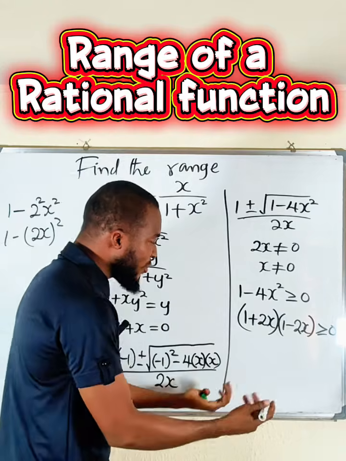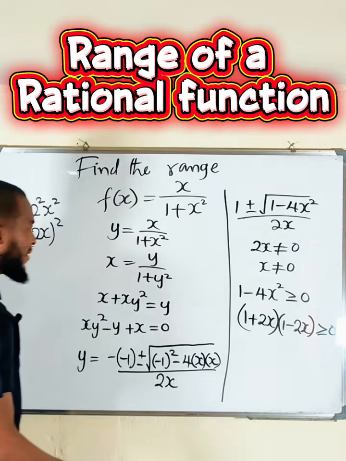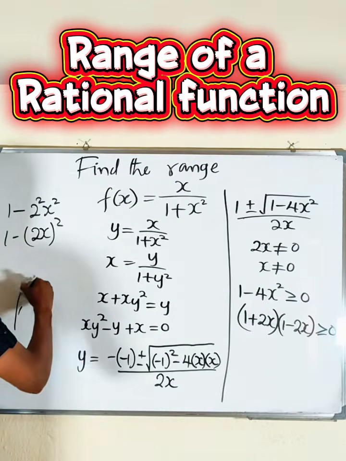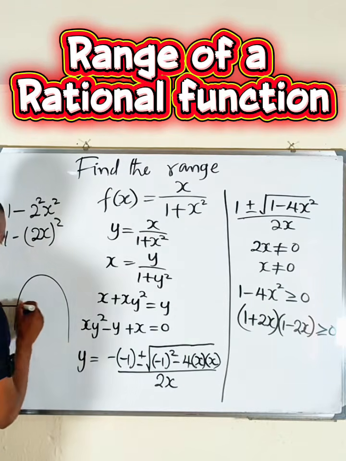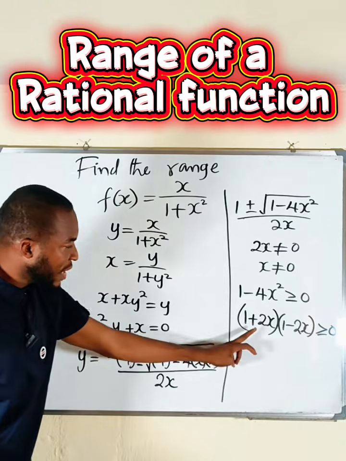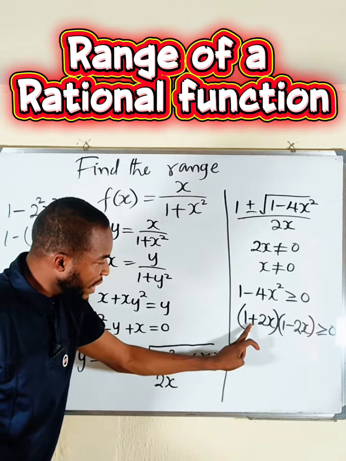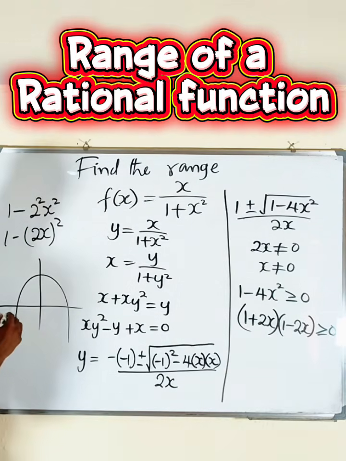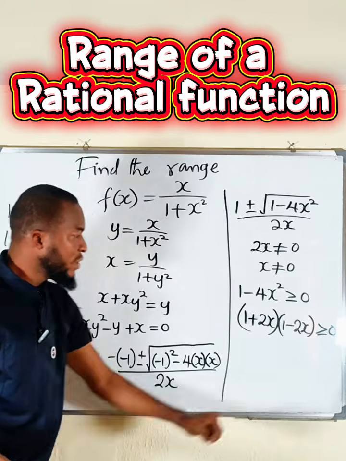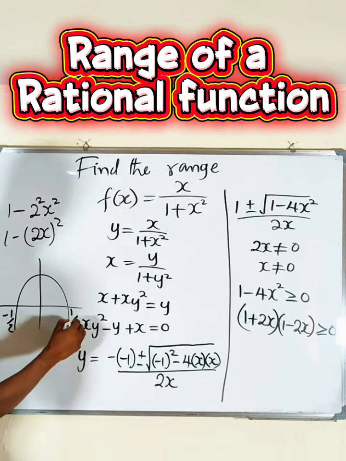And if you consider them to be 0, or you can even sketch the graph, since the leading coefficient is negative, the graph is going to be down like this. And it is going to cross the x-axis at negative 1 over 2. If you solve this one, set them to be equal to 0, and this one will be positive 1 over 2.